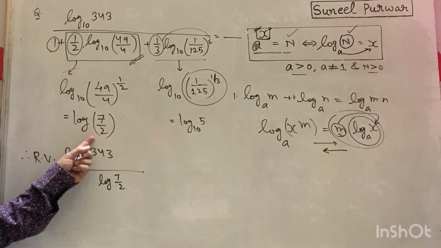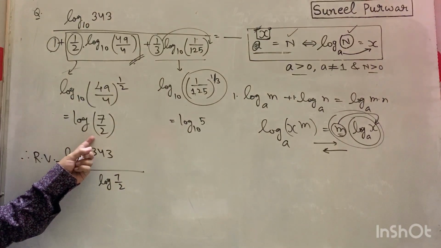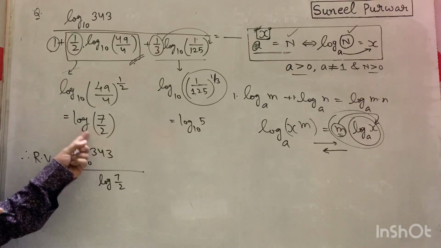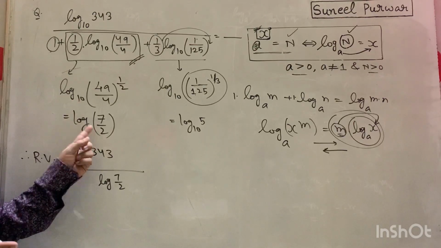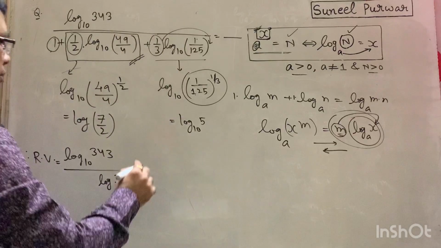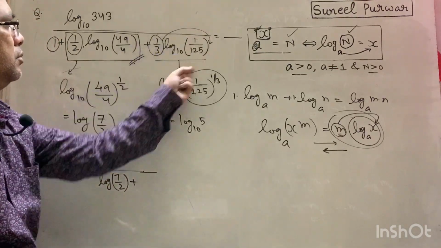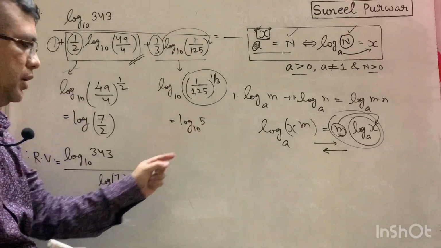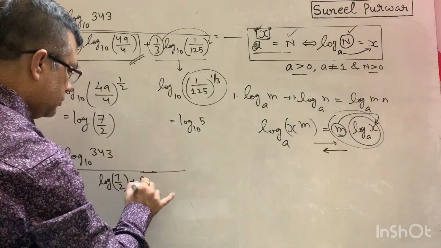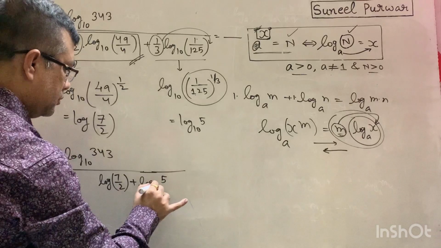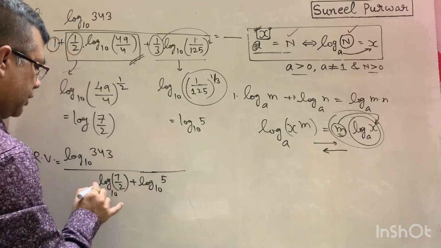I forgot to write the base, but no issues, because I told you, if the base is not mentioned, it is understood to be 10. It was 10 only, so even if you forget to write, no issues. Plus log of this portion became what? Log of 5 to the base 10. Well, I am writing the base again.